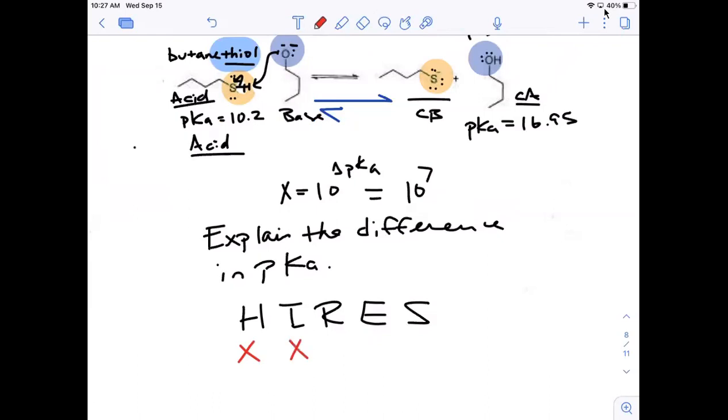Induction, not a factor. There's nothing close by that negative charge in either the base or the conjugate base that's going to help to stabilize it. There's no electronegative functional groups, no carbonyls, no fluorines, nothing. They cannot do resonance.